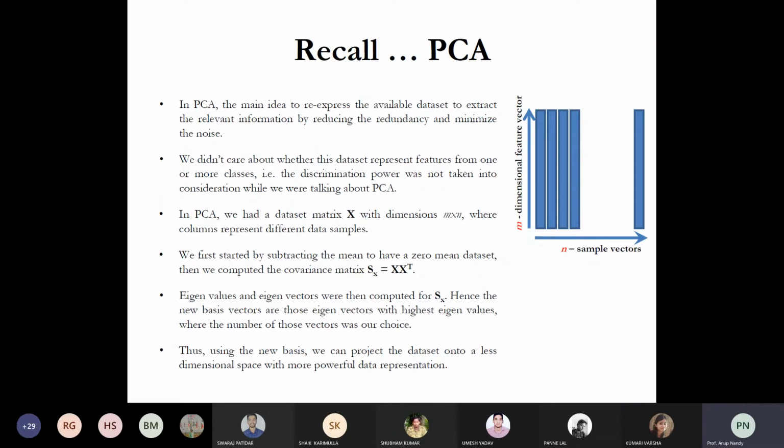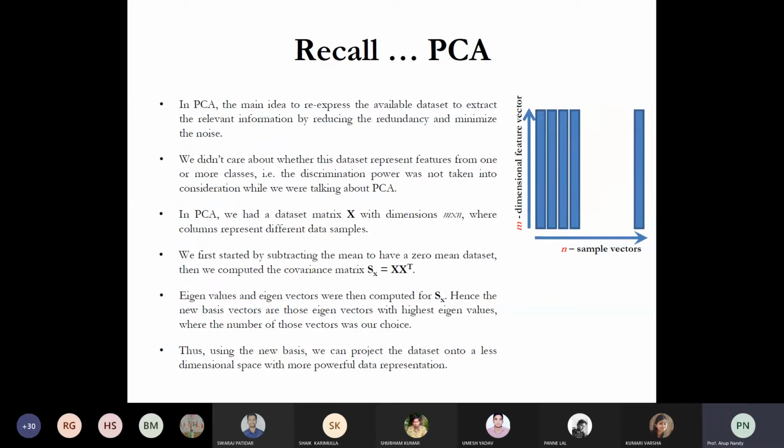On the other hand, LDA is supervised. It considers the class labels and finds the components which separate the classes the most. So it not only reduces the dimensions, but also preserves the discriminatory power of the classes.